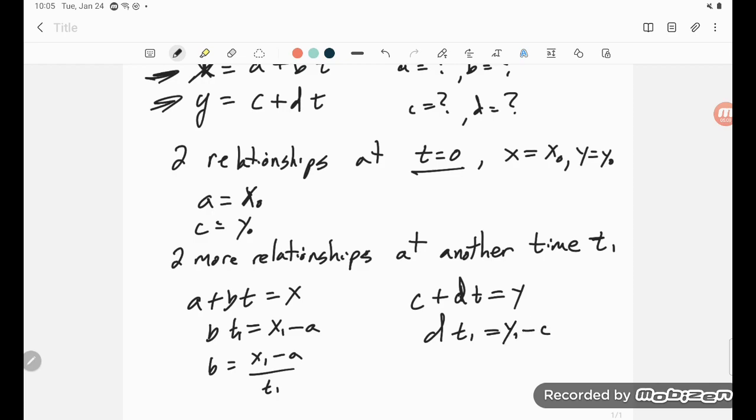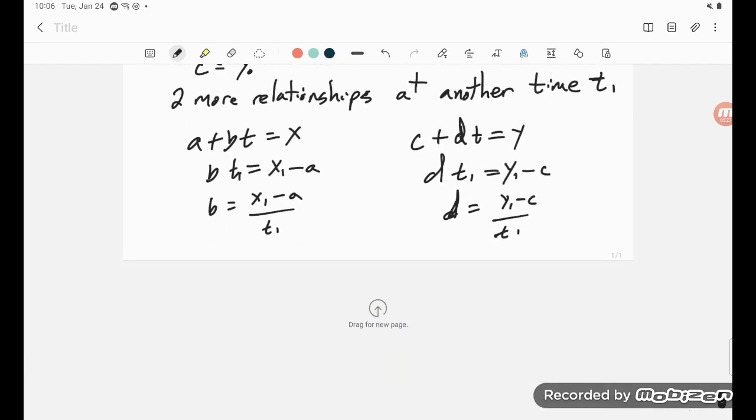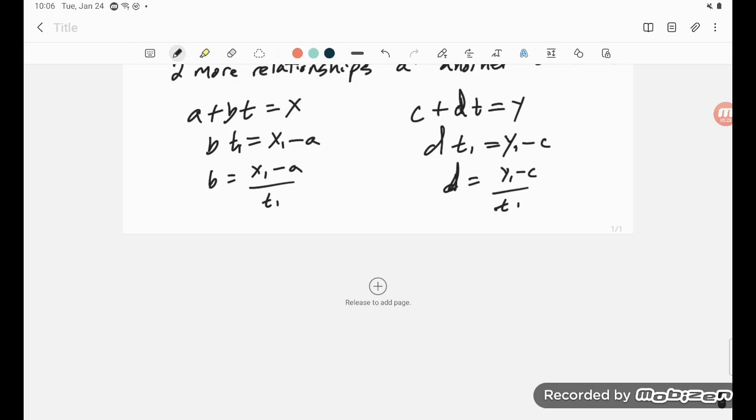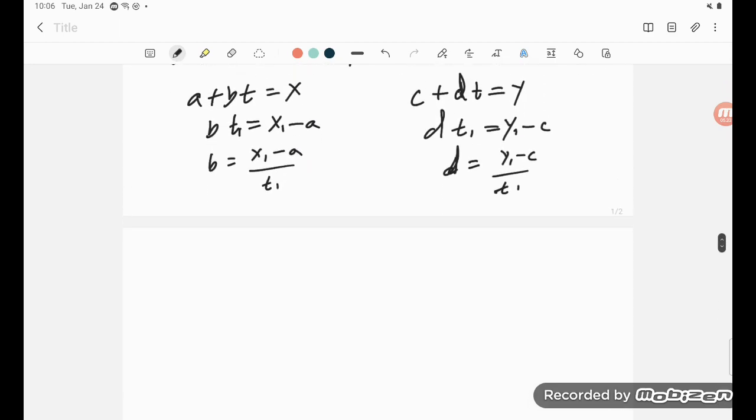We'll have already found C. And so D is Y1 minus C over T1. Okay, so that's what's going to happen.